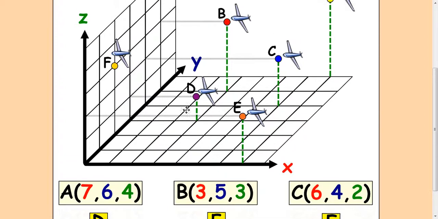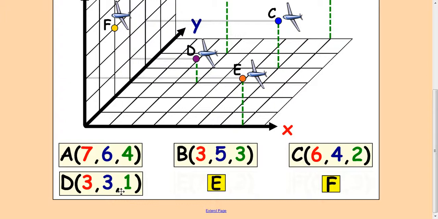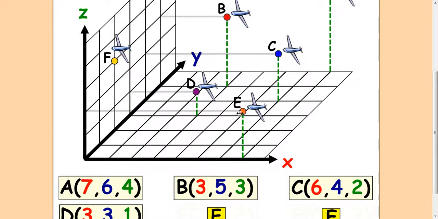Okay, D, so that's this wee one here. So along X first, 1, 2, 3. 3 in, 1, 2, 3, and then 1 up in the Z. E, along X first, 1, 2, 3, 4, 5, 6, 7. Then we go 0 into the Y this time, so that's going to be 0. So 7, 0, and then how far up is it?